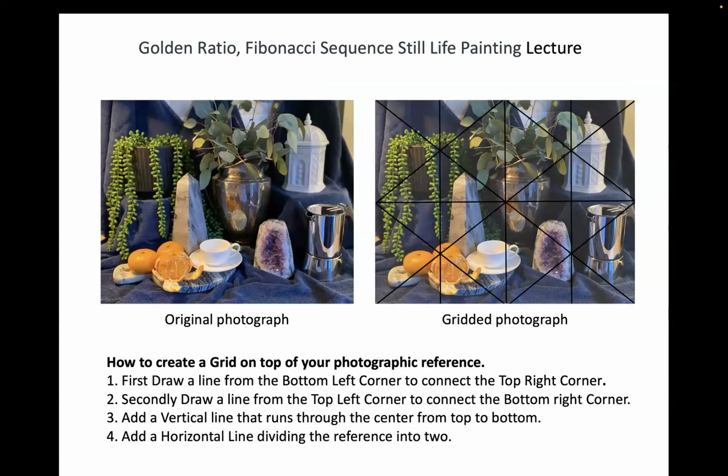Now, there's another option I always talk to my students about, regardless of whether they're using the golden ratio Fibonacci sequence for their still life painting, which is to utilize a grid. This is something I recommend to all my beginning students: apply the grid on your reference. I like to do this digitally myself.